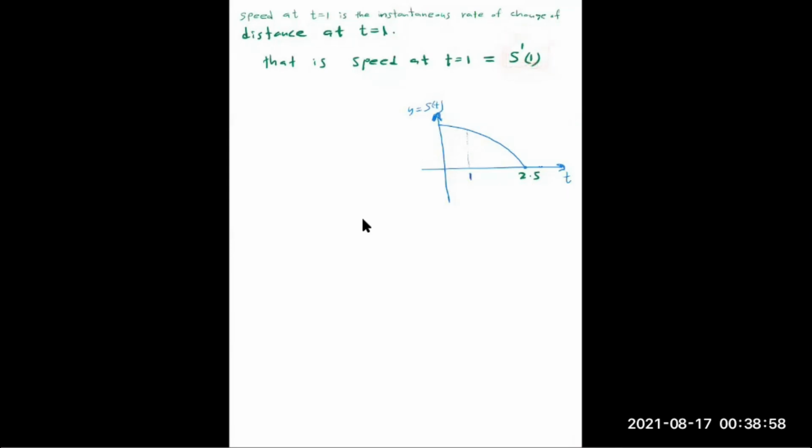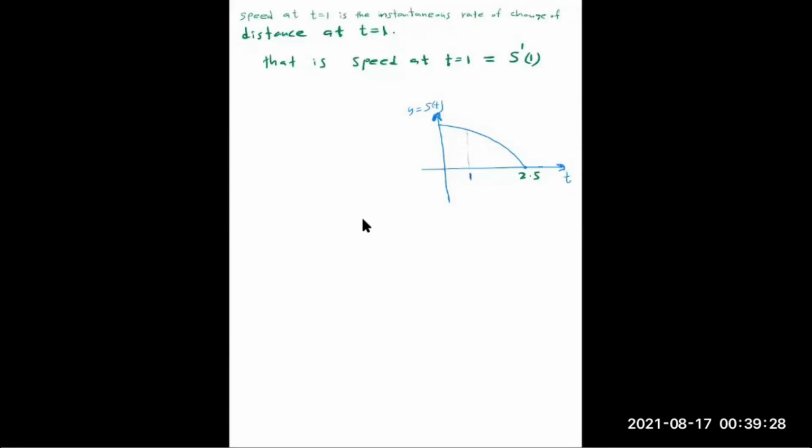The slope of the distance function at t is equal to 1 is the instantaneous rate of change of distance at t is equal to 1, which is the speed at t is equal to 1. So these are some concepts coming from physics. That means at the end of the day, we want to find an approximation for s prime of 1. So how do we find an approximation for s prime of 1?